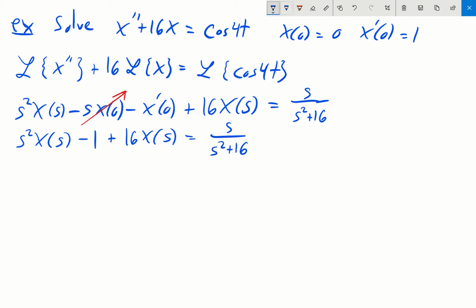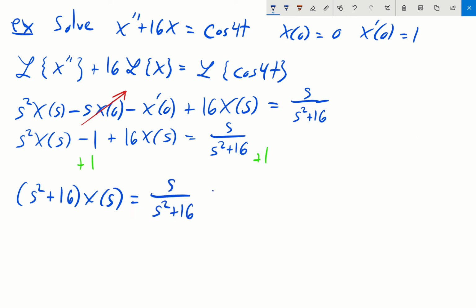I'm going to do two steps in one. Let's move this 1 to the other side, so we're going to add 1 to both sides. Then I'm going to factor out the x of s from the remaining terms. That's going to leave us with s squared plus 16 times x of s is equal to s divided by s squared plus 16, plus 1. And now finally we can get x of s by itself.